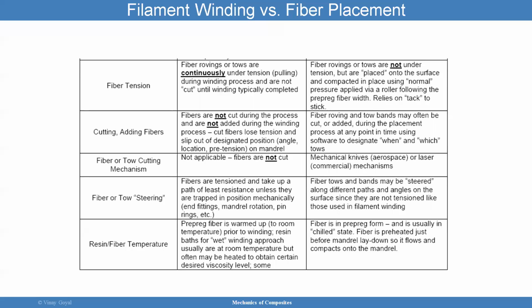Fiber or tow steering: the fibers are always in tension and take the path of least resistance, unless they're trapped, where the design does not allow that. With fiber placement technology, fiber tows and bands may be steered along different paths and angles on the surface since they're not tensioned like those used in filament winding technologies.